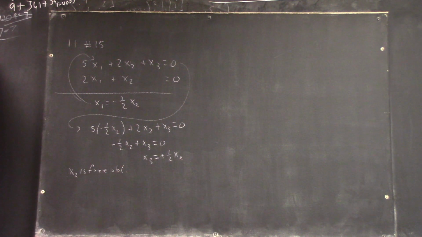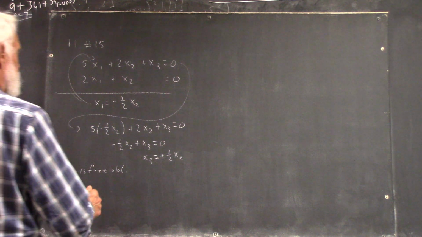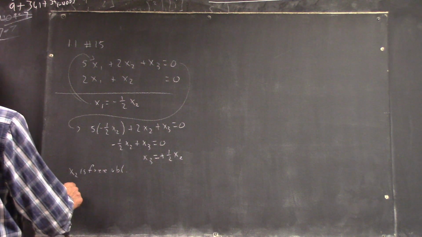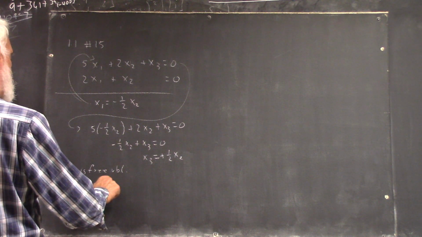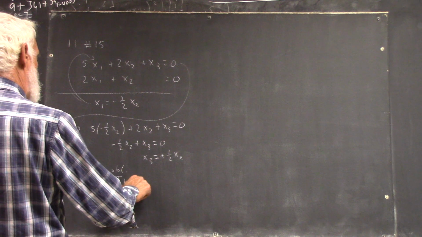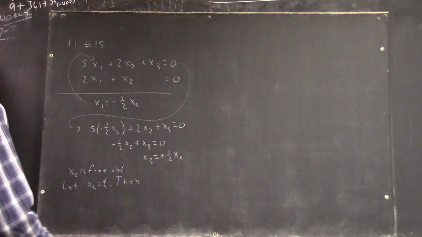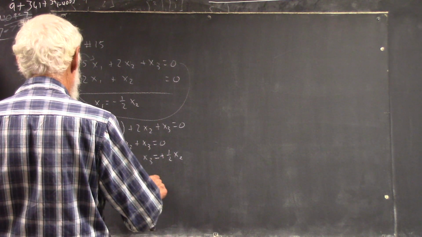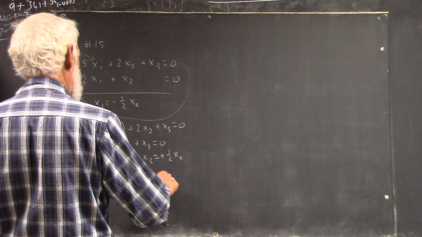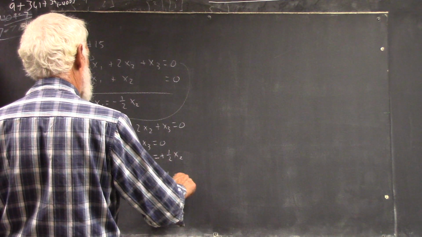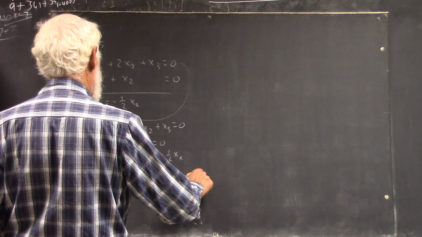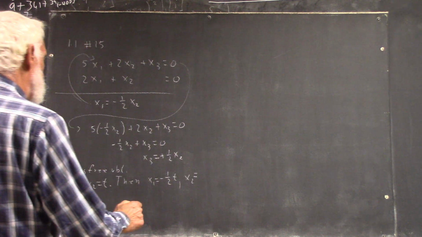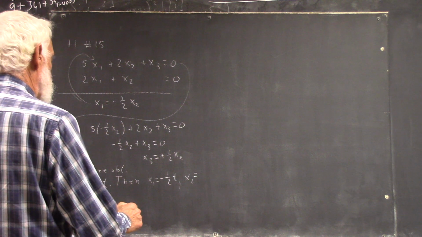Okay? So your solution is, let x2 equal t, then as you got, x1 equals negative 1/2 t and x2, and wait a minute.